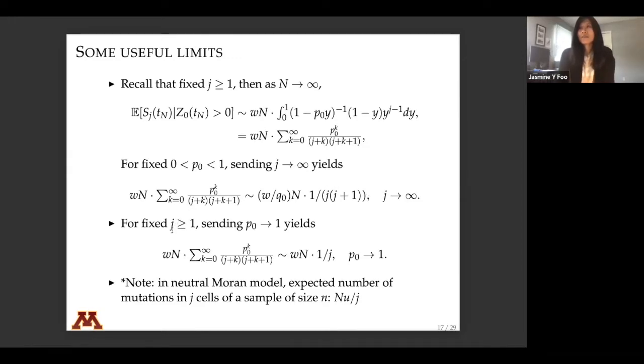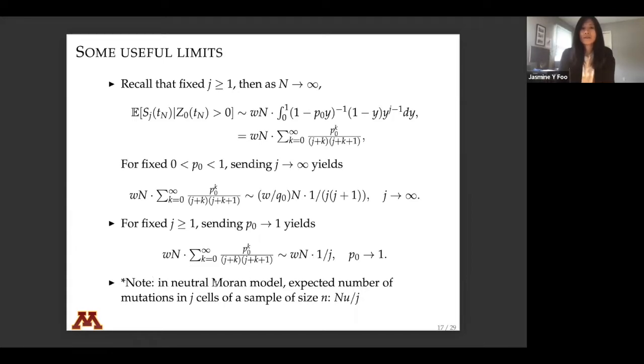On the other hand, if we fix j and send p0 to 1, so that's going to be a tumor with a lot of cell death, then this looks more like a 1/j law. And this matches up actually with the same frequency spectrum of fixed population size models.